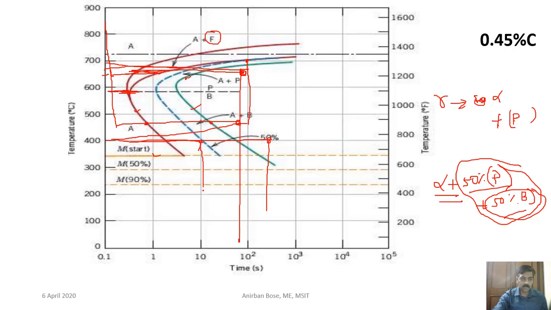And if you come to room temperature, that portion will be converted into martensite. So alpha will be there, some amount of pearlite will be there, and the remaining portion again divided into bainite and martensite. Okay.